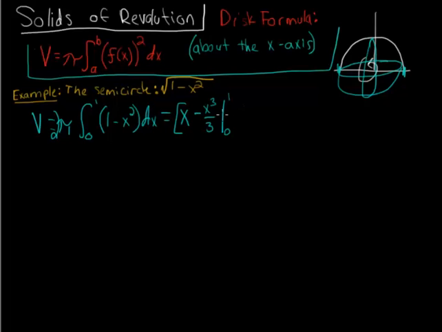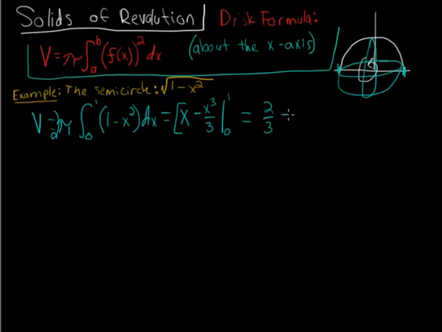But x minus x cubed over 3, 1 minus 1 cubed is just 1, like I said before. 1 minus 1/3, you don't have to change 1 to 3/3. I mean, you can if you want. 3/3 minus 1/3 is just 2/3, but it should be easy enough that 1 minus 1/3 equals 2/3.